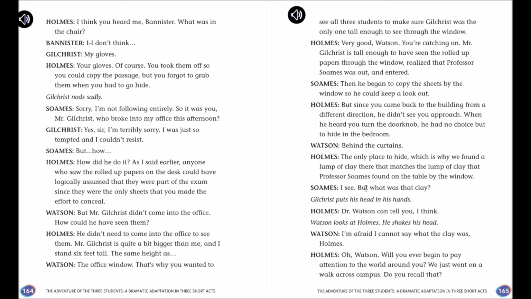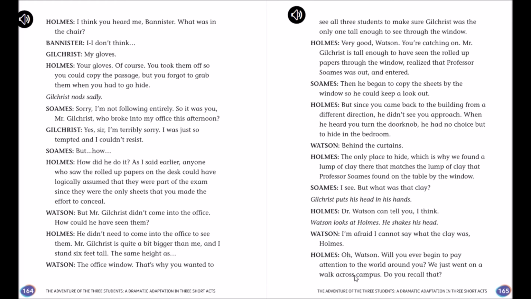Soames: I see. But what was that clay? Gilchrist puts his head in his hands. Holmes: Dr. Watson, can you tell, I think? Watson looks at Holmes. He shakes his head. Watson: I'm afraid I cannot say what that clay was, Holmes. Holmes: Oh, Watson, will you ever begin to pay attention to the world around you?